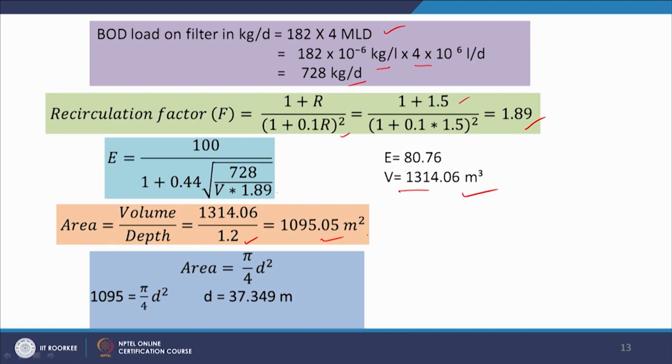This area is equal to pi d square by 4. So, 1095 equals pi by 4 into d square. From that, d is coming equal to 37.349 meter. So, the depth is given, the diameter is calculated, and we are able to find out the dimensions of the trickling filter.